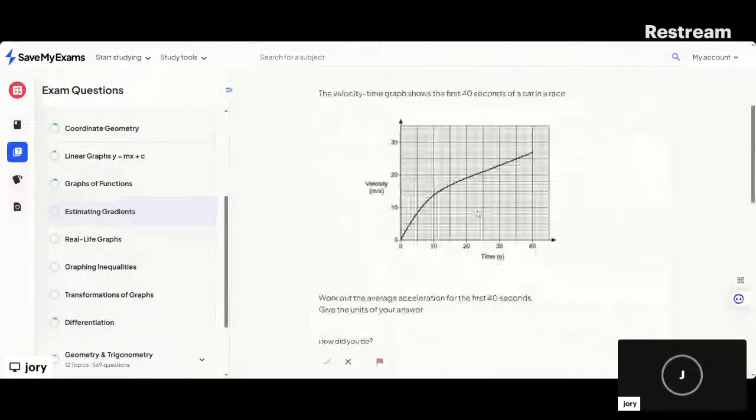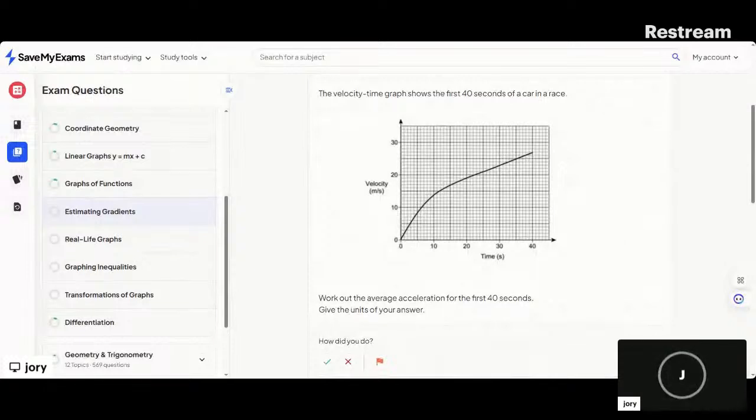The velocity time graph shows the first 40 seconds of a car in a race. Work out the average acceleration for the first 40 seconds. Give the units of your answer. Okay.